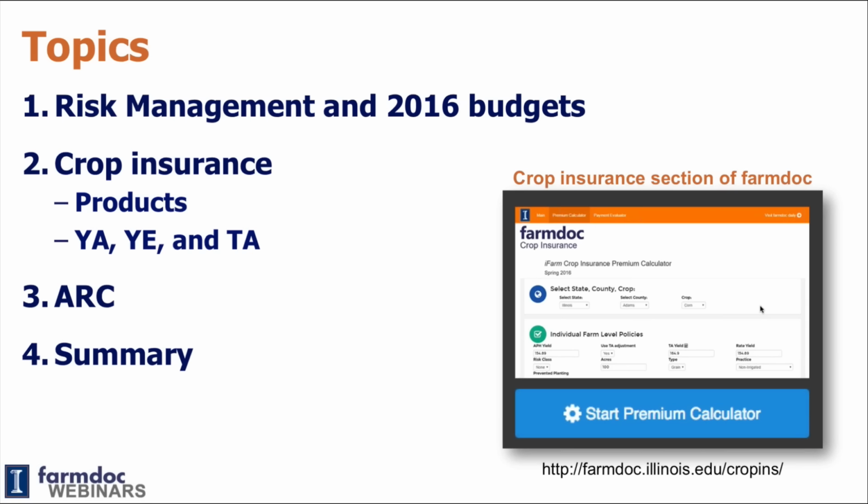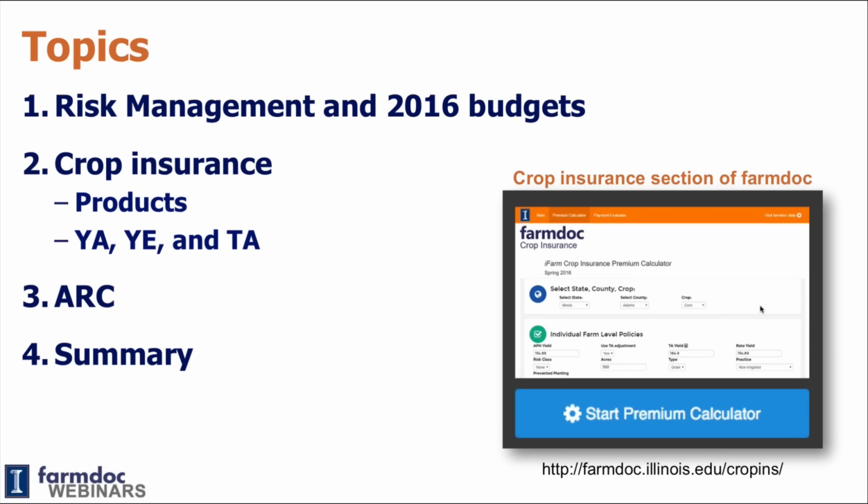They're a bit easier to understand as well. We'll also talk about YA, YE, and TA, the trend adjustment. We would suggest taking all of those if they raise the APH yield, or the trend adjusted APH yield, or the approved yield.